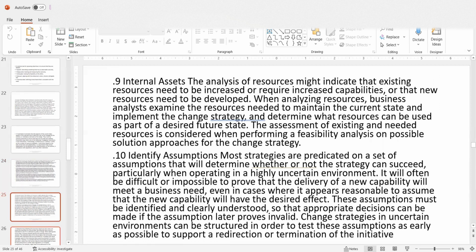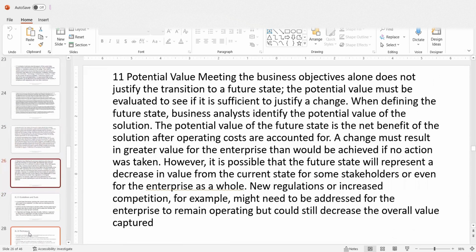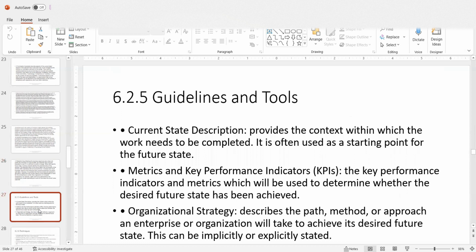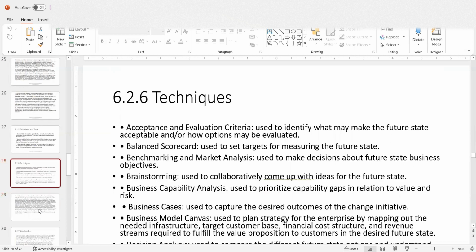She identifies assumptions. Are there any sort of risks involved? Are there any unknowns that they need to look at? She looks at the potential value. Like, what does this do for the business in terms of their metrics? She looks at guidelines and tools in the form of current state description. She looks at metrics and KPIs to determine whether the desired future state has been achieved. She looks at the organizational strategy.